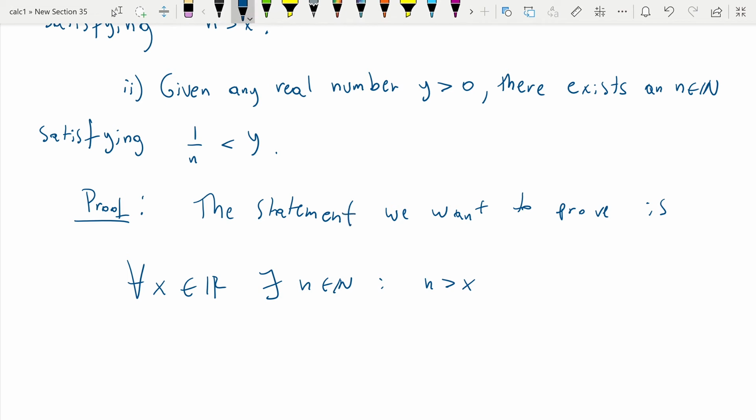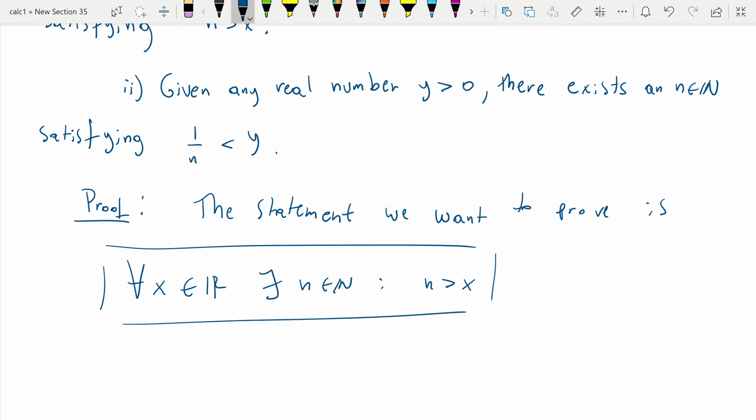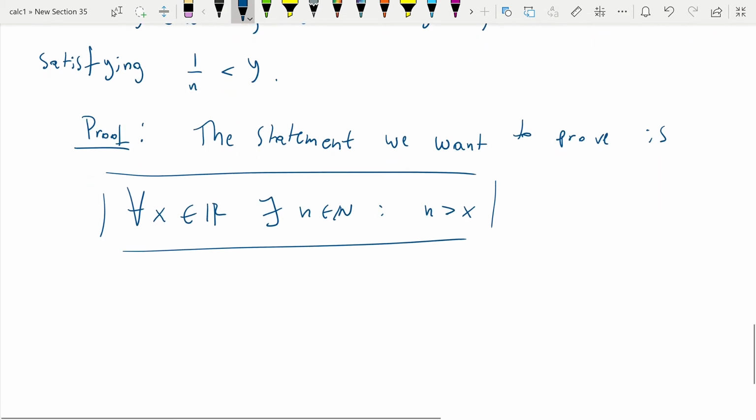So that's the proposition that we are trying to show. That's our P. That's what we want to show is true.